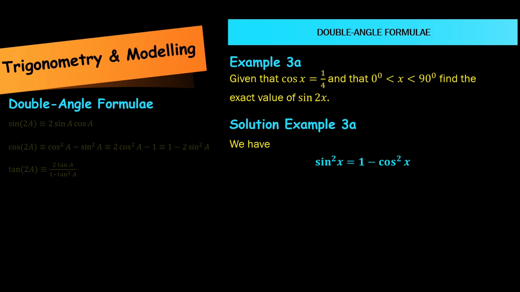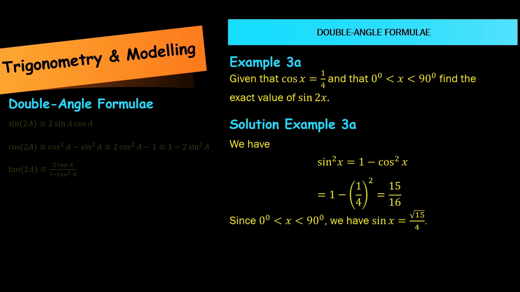We know that sin²x equals 1 minus cos²x. And so if we replace cos x by 1 over 4 as shown, we obtain sin²x equals 15 over 16. Now since x is between 0 degrees and 90 degrees, we have sin x equals root 15 over 4, since x lies in the first quadrant.